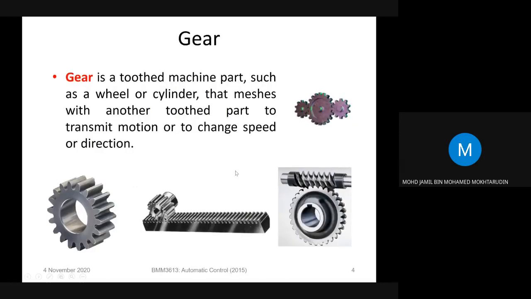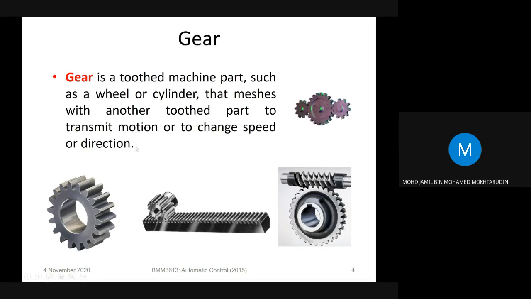Gears are basically a machine part with teeth, such as a wheel or cylinder that meshes with another toothed part. A gear must mesh with another gear to transmit motion or to change speed or direction.